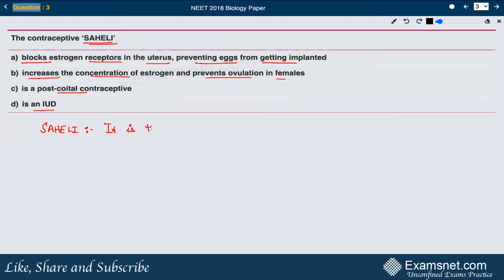So it is the first oral contraceptive pill developed by CDRI.